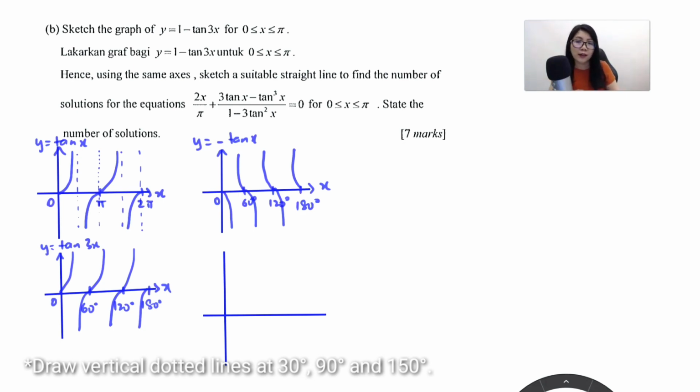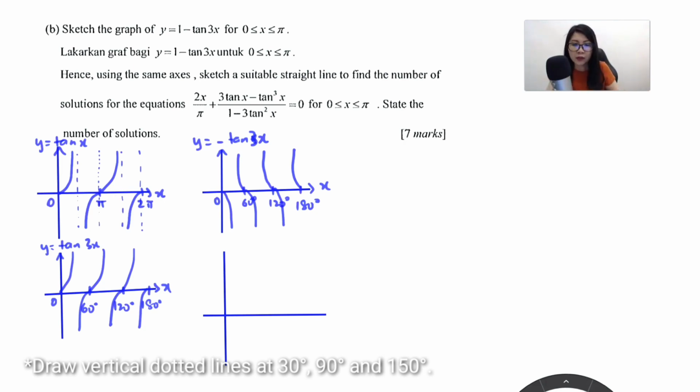So what if it's 3x? Okay, what if it's 1 minus tangent 3x? So this is actually negative tangent 3x plus 1. It means that the graph has been raised by 1 unit. Okay, the whole graph has been raised up by 1 unit.